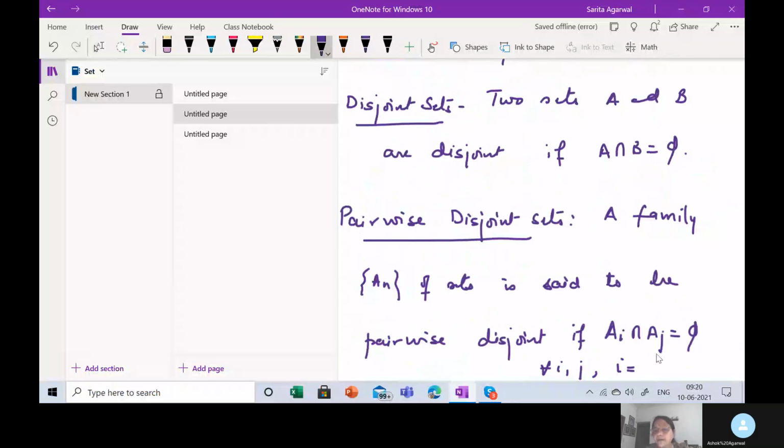It cannot be empty. So for all i and j not equal, that is pairwise disjoint.